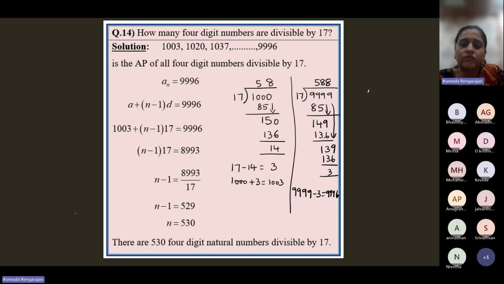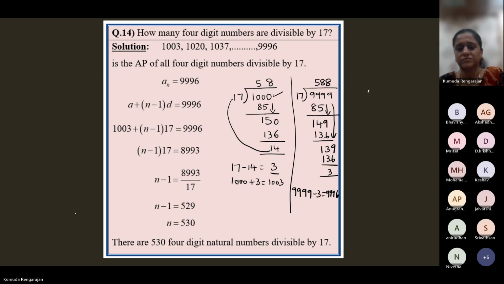Since it's about 4-digit numbers, you should take up 1000 and 9999, the smallest 4-digit number and the largest 4-digit number. Always to get the first number, after performing the long division, you must subtract the remainder from the divisor. You get a number that you should always add to the dividend.